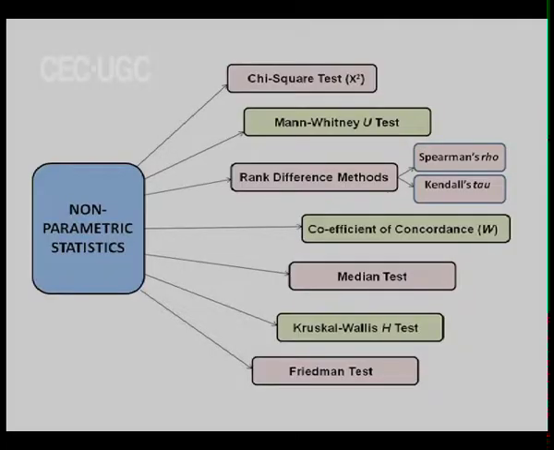Then we came to the distribution free or non-parametric tests, in which we learnt about 7 non-parametric tests, that is the Chi-square test, the Mann-Whitney U test, the rank difference methods, the coefficient of concordance, the median test, the Kruskal-Wallis H test and the Friedman test.